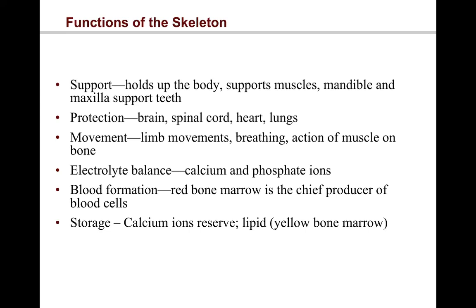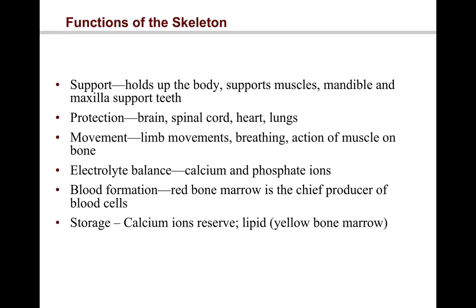We need normal homeostasis of calcium in order to function properly. In addition, the bones also store energy in the form of lipids in the yellow bone marrow. Lipids and adipose tissue, for example fats, are present in there, which also help to meet the energy requirement.